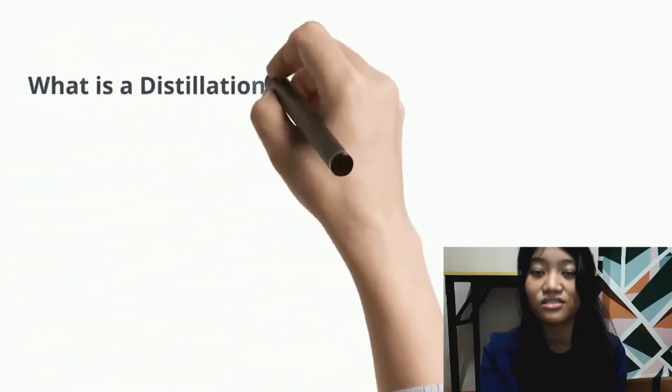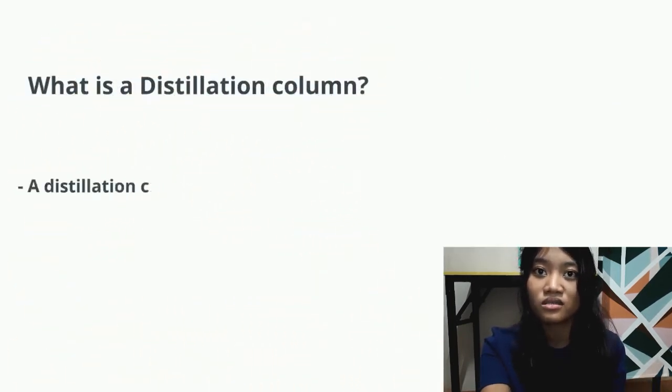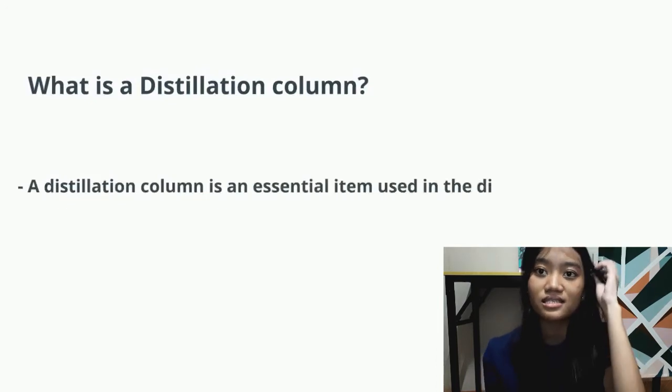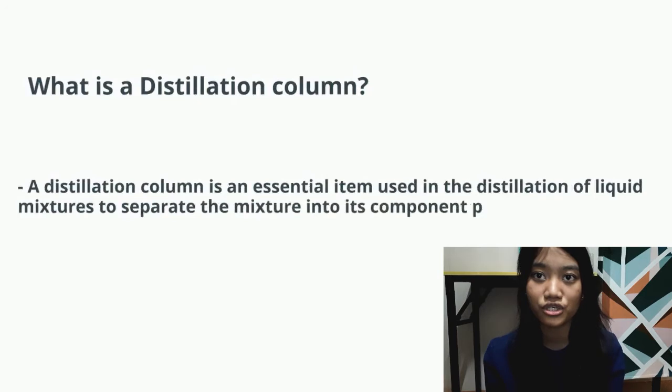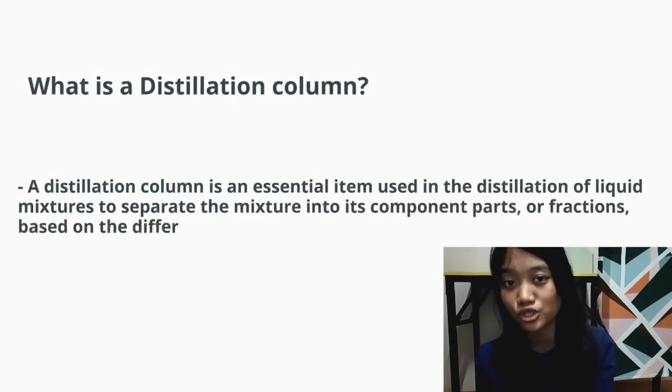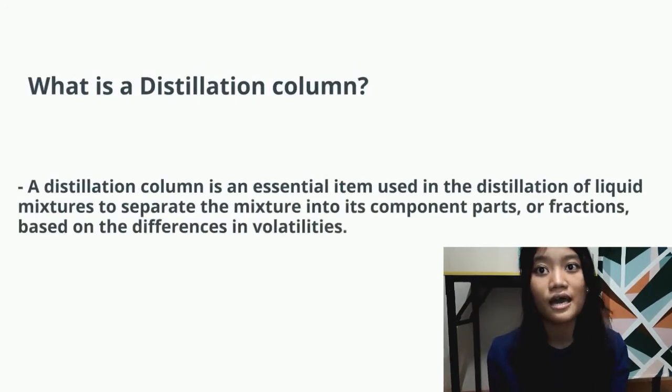So what is a distillation column? A distillation column is an essential item used in the distillation of liquid mixtures to separate the mixture into its component parts or fractions based on the differences in volatilities. The primary function of a distillation column is the separation of a feed stream into at least one top product stream and one bottom product stream.